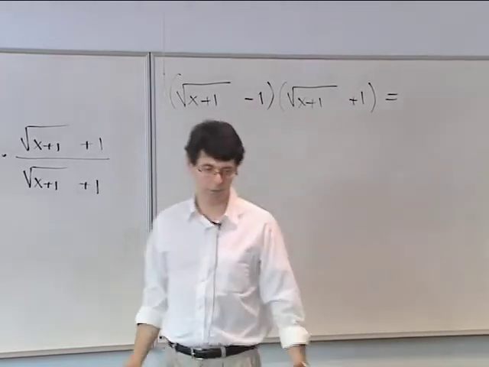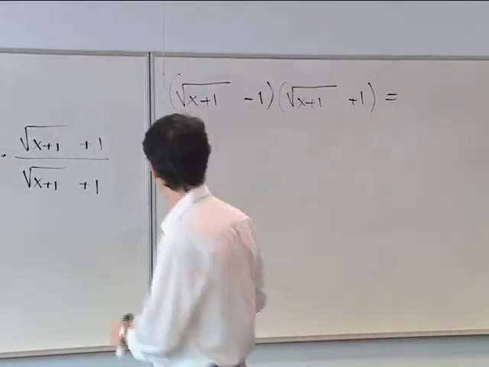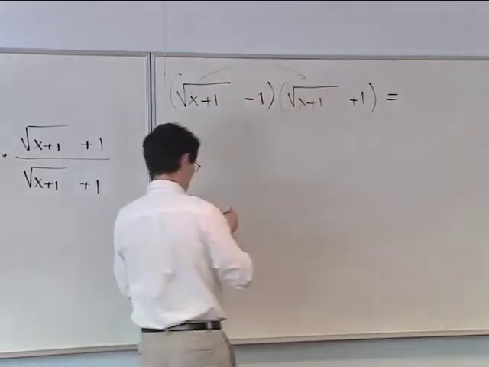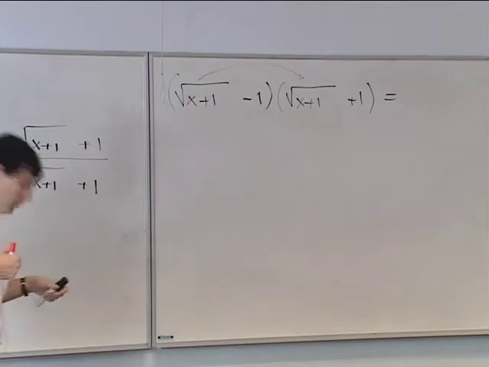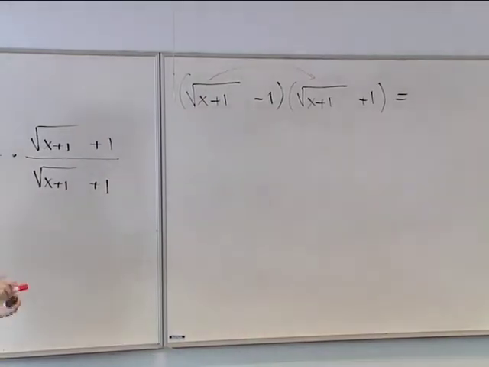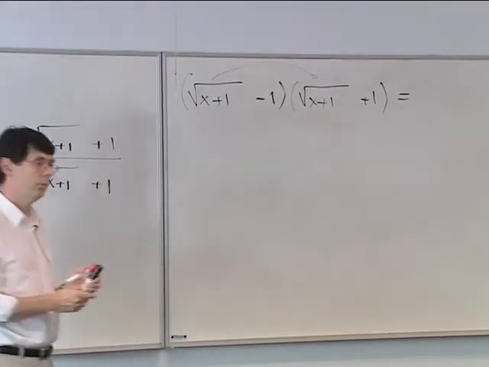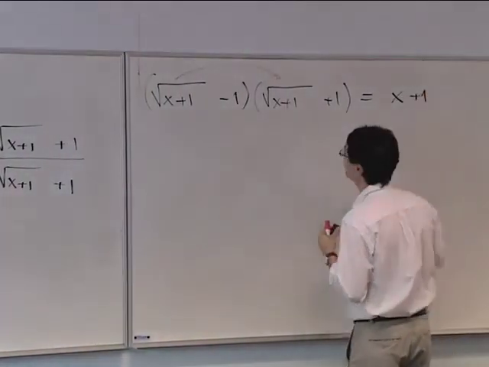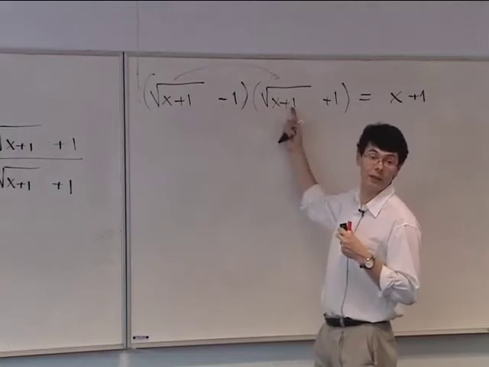I don't know how you guys do it, but I do it slowly. Multiply those. What do you get? X plus 1. This multiplied by that is x plus 1.